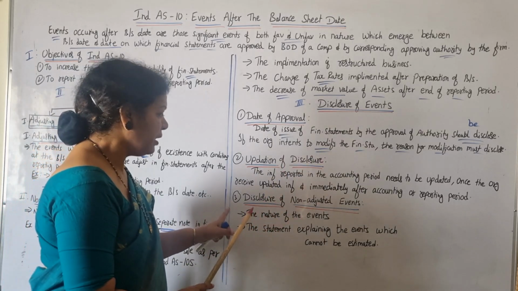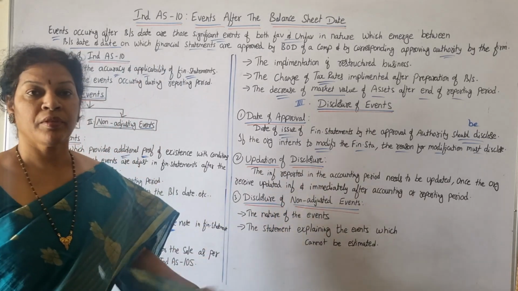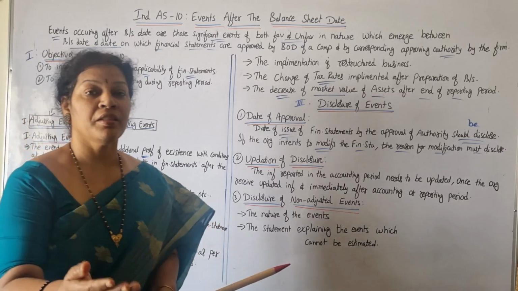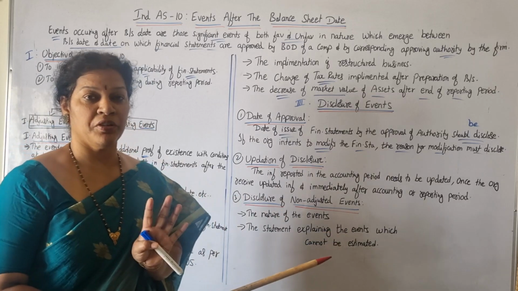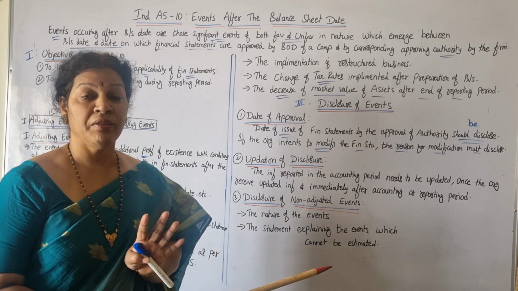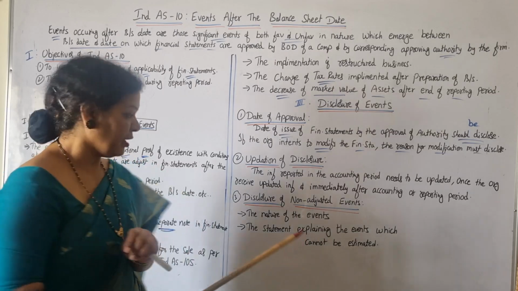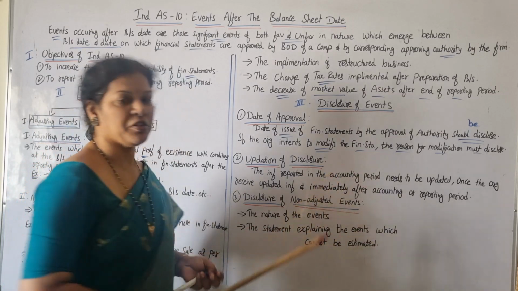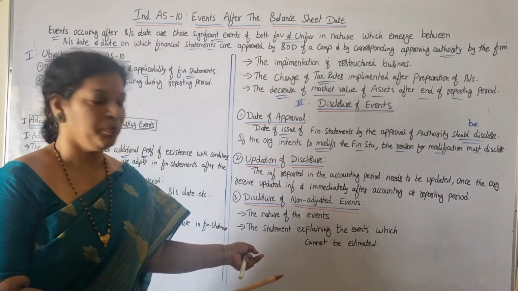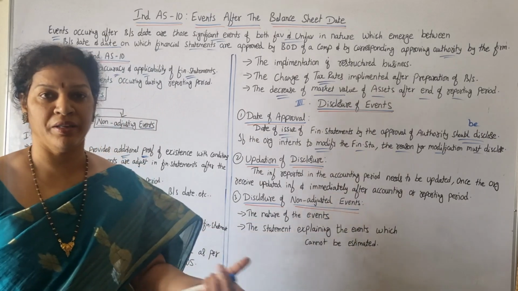Here, the mainly important thing you remember is the nature of the events. If non-adjusted things are there, then that nature of the events you have to mention. What kind of events are unable to adjust, the nature, and the statement explaining the events which cannot be estimated. Why?